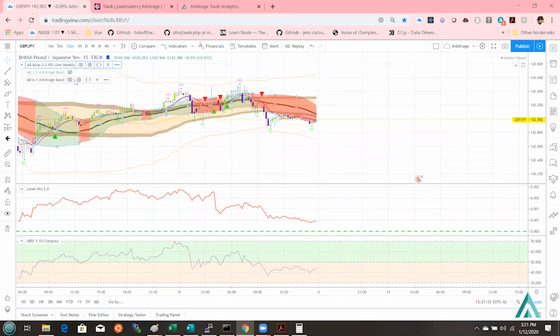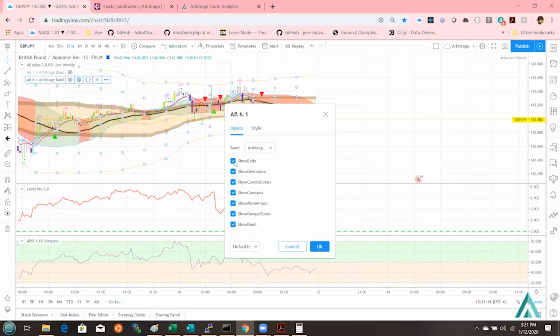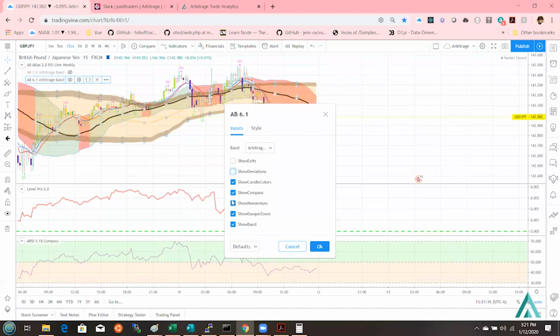So honestly, this is my typical setup. I usually don't have any of these on. I do have my candle colors on. Some people like to have the candle colors off, and more power to you. Some people think, if it's already turning red and green, why do I need the compass and momentum line? You don't if you don't want them, so you can turn those off too.